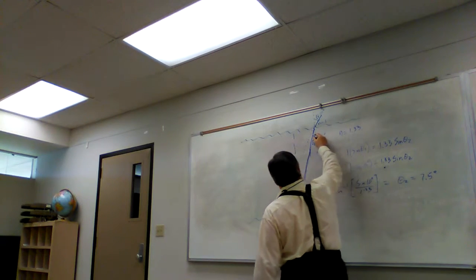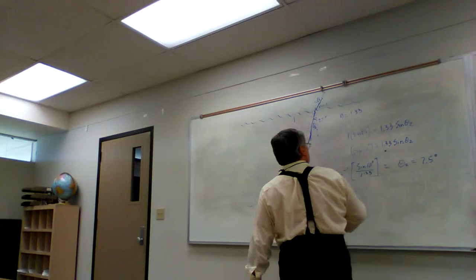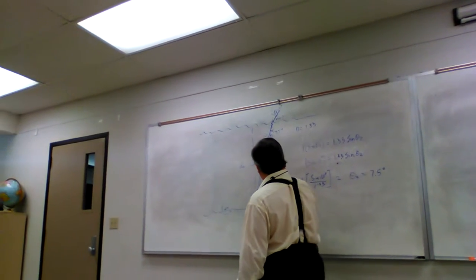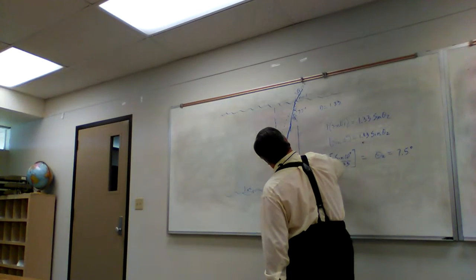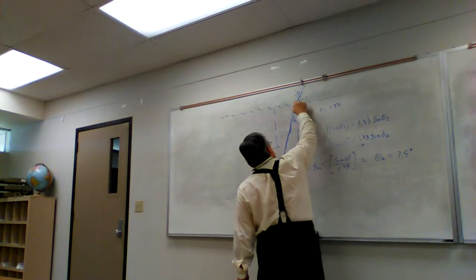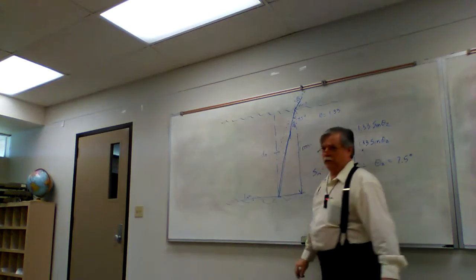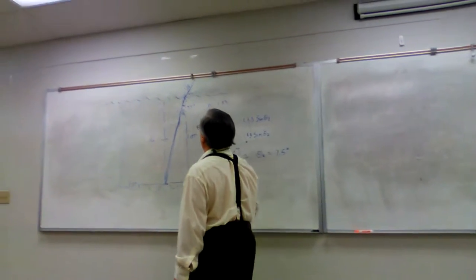Okay, that means we now know that sine of 7.5 degrees is equal to what? One meter. Right?